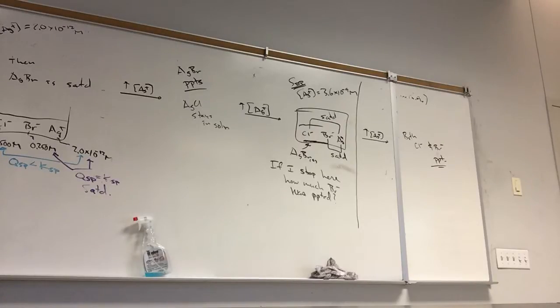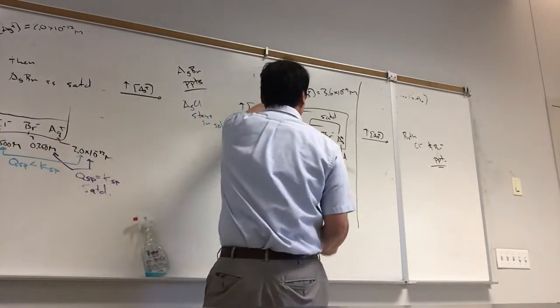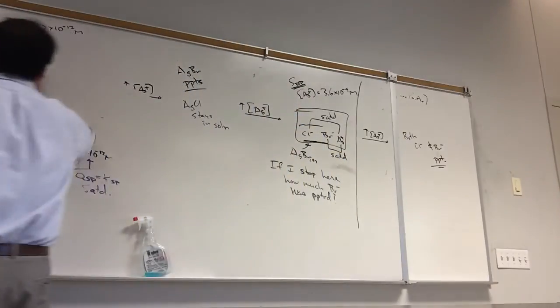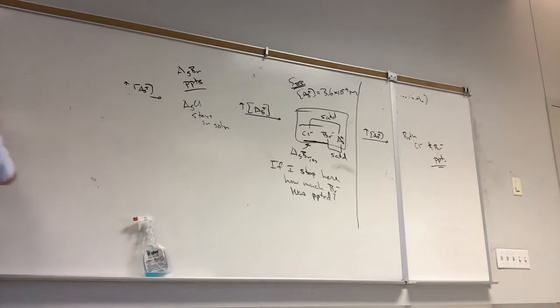So we have to figure out how much bromide precipitated here. To calculate that, we have to figure out how much bromide can exist at this higher silver concentration. So let's go ahead and do that.